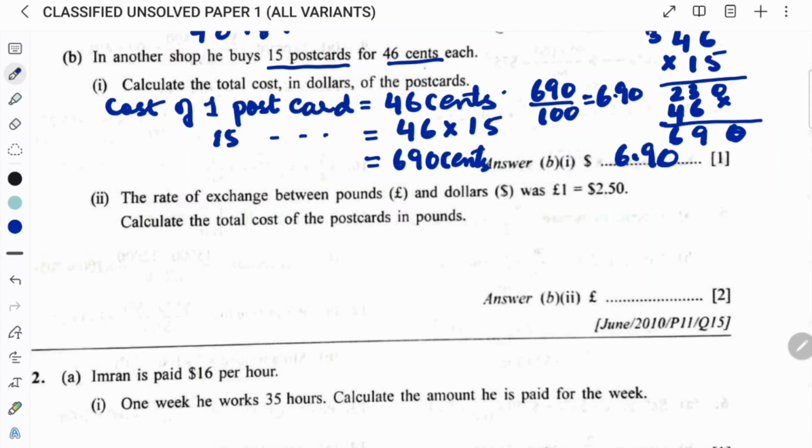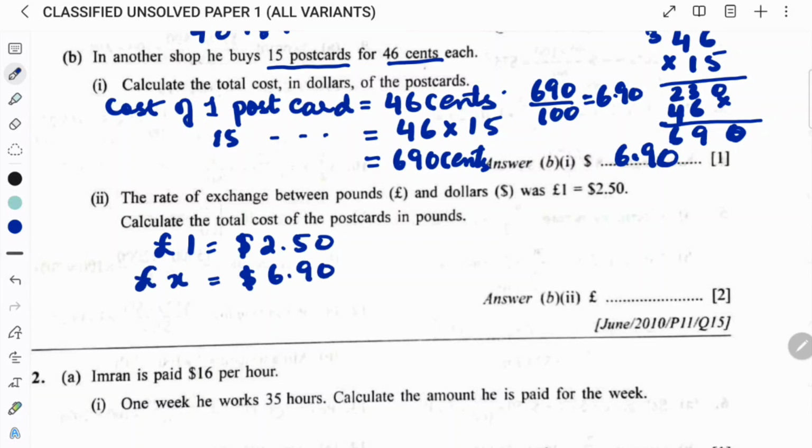Okay, so we know that 1 pound is equal to $2.50. Now they are asking what is the total cost of all 15 postcards in pounds, and we know that the answer for 15 postcards is $6.90. So how much is 6.90 converted to pounds?